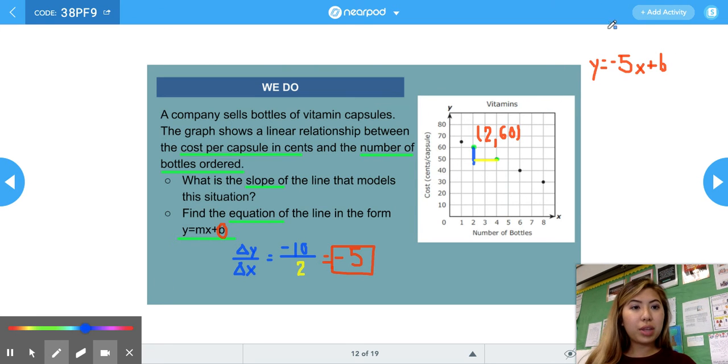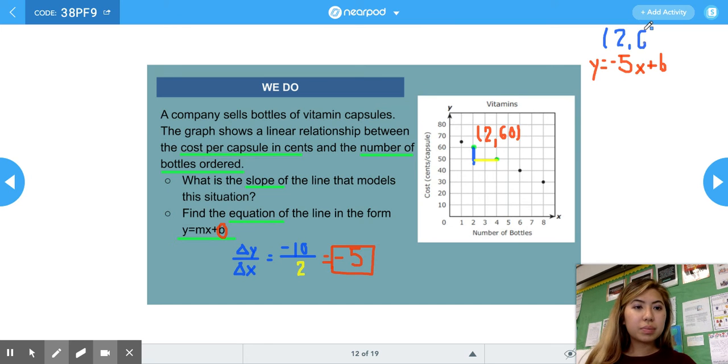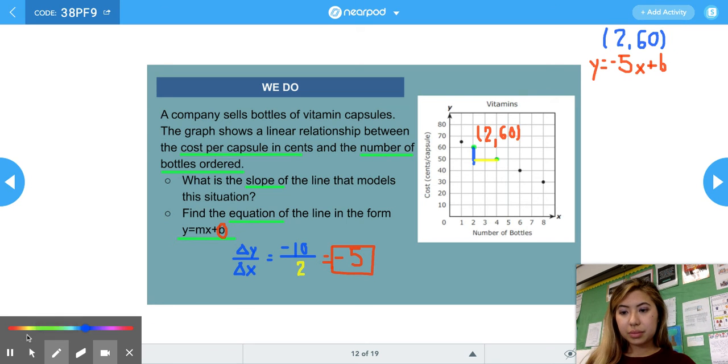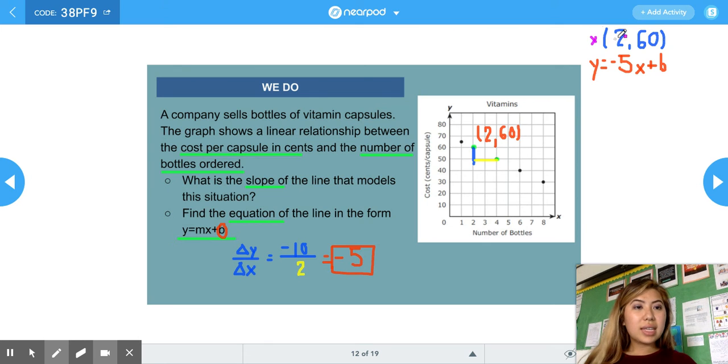So I'm going to rewrite the point up here, 2, 60. Two is our x value, and 60 is our y value. Using this equation, instead of writing y, I'm going to write the 60.